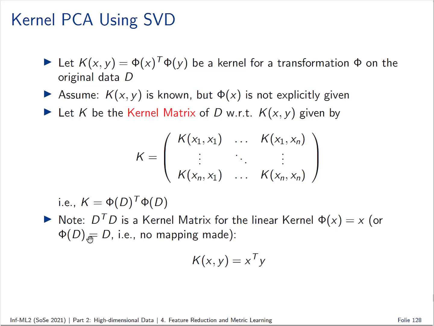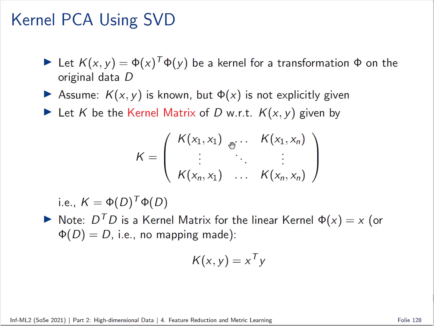The whole data set is just mapped on itself. That is the so-called linear kernel, so we don't make any mapping. So in other words, in terms of the kernel function, k of x, y is nothing else than x transpose times y. If you get that, that's halfway through, so to say.